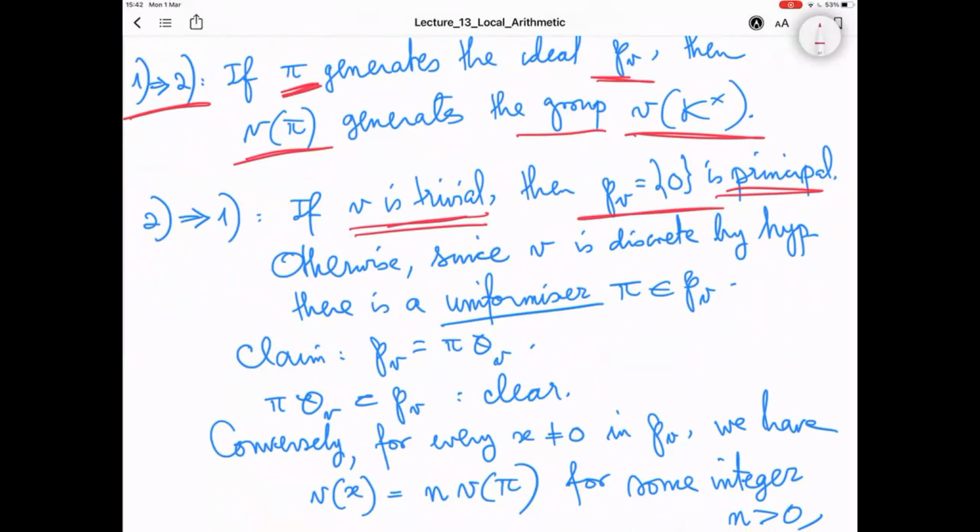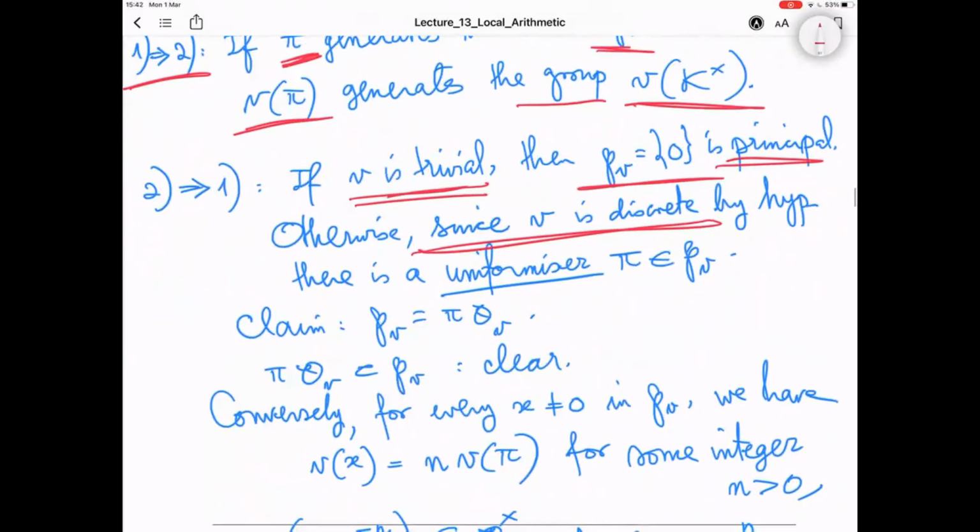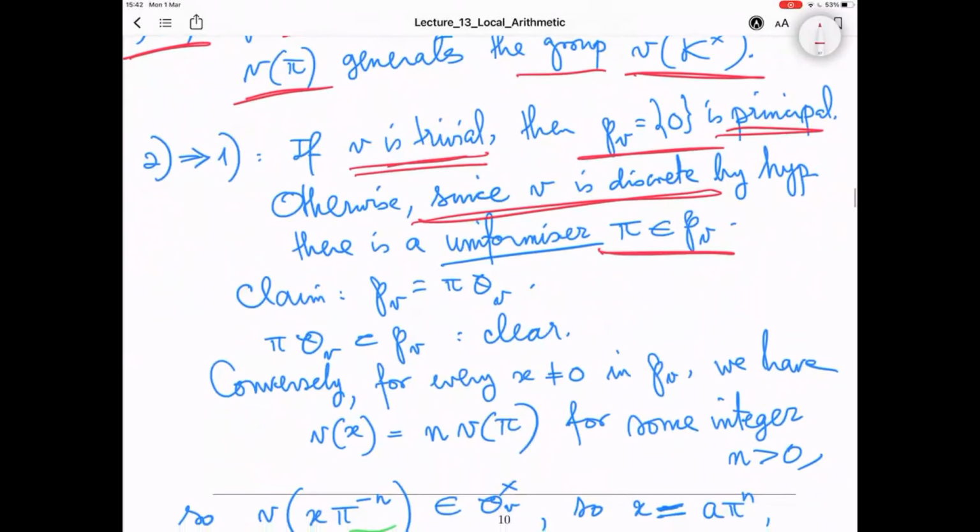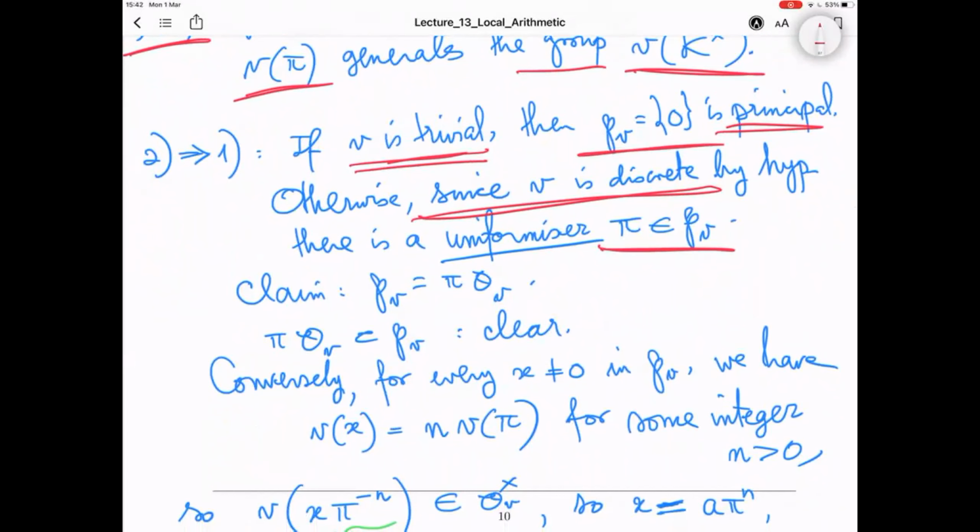So if the valuation V is not trivial, but it's of course discrete by hypothesis, then it has a uniformizer. What does uniformizer mean? Pi is by definition a generator of the value group V(K star).